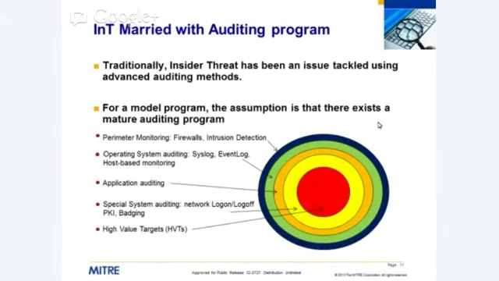Insider threat is always married with the auditing program. It's really important to log these things. If you are having a hard time keeping firewall data for 7 days, how do you expect to keep intelligence application view audit data for 50 years? Because there's no statute of limitations on espionage.